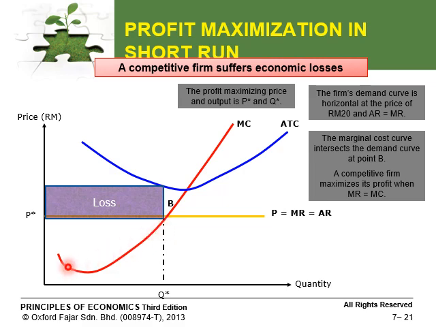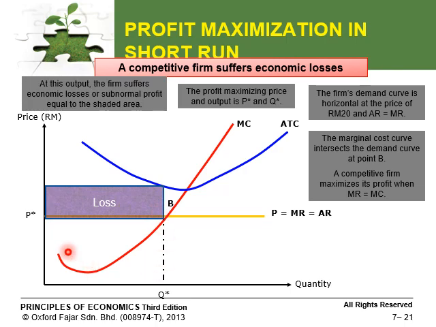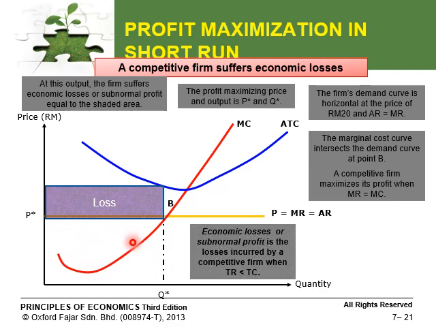When marginal cost intersects with marginal revenue at point B, the revenue gained by the firm is only this area, covering P, B, Q and 0. Meanwhile, the total cost incurred by the firm is this whole area. This is the amount of cost the company needs to bear.